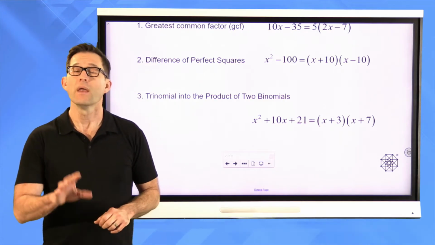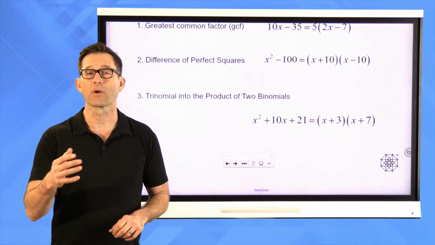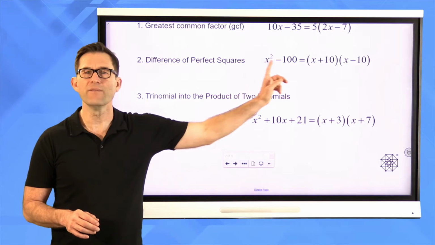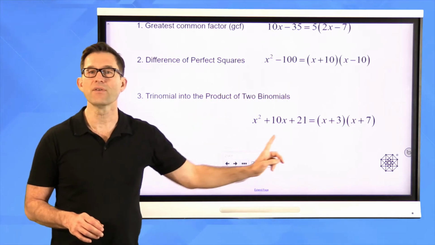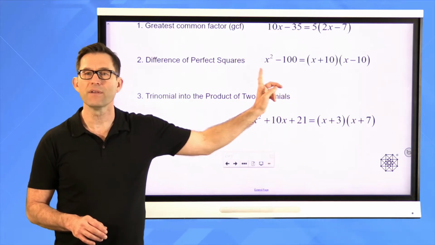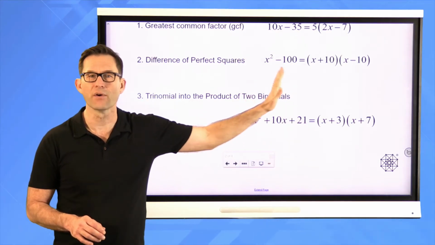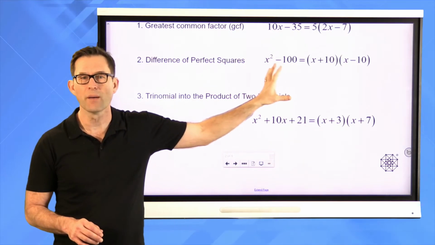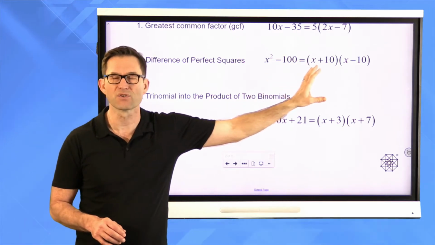Now before we move on and look at some more complicated factoring, I'd like to revisit difference of perfect squares given what we know about trinomial factoring. The difference of perfect squares is always this very specific looking binomial, something squared minus something squared.